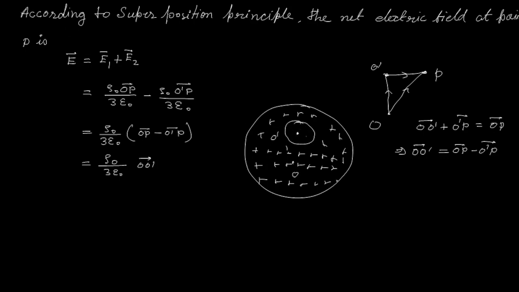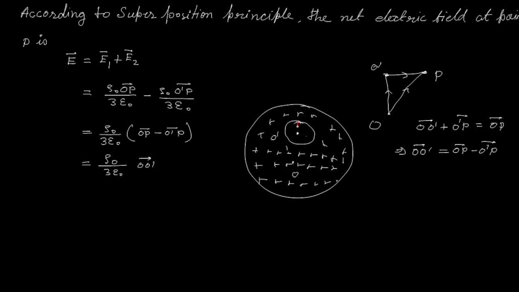At any point inside this cavity the magnitude will be the same. If you consider any point here or here, everywhere the magnitude will be rho divided by 3 epsilon naught times the distance OO dash, and the direction will also be along O dash.